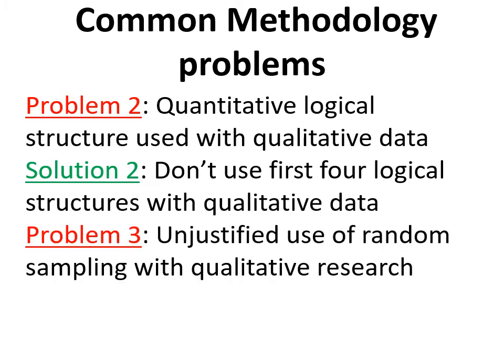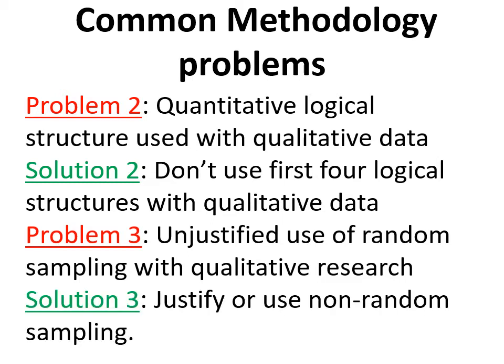Another is the unjustified use of random sampling with qualitative research. Qualitative research isn't generally interested in making generalizations about the larger population. If you are going to use random sampling with qualitative research, you need to provide a reasonable explanation for why you need to do that.